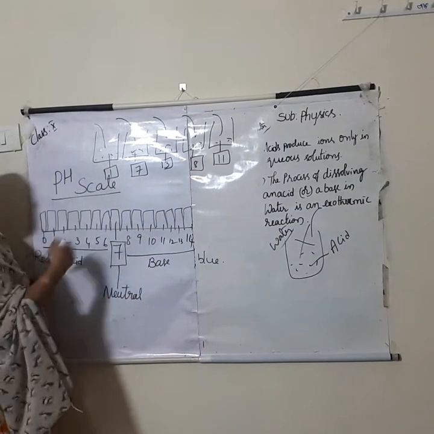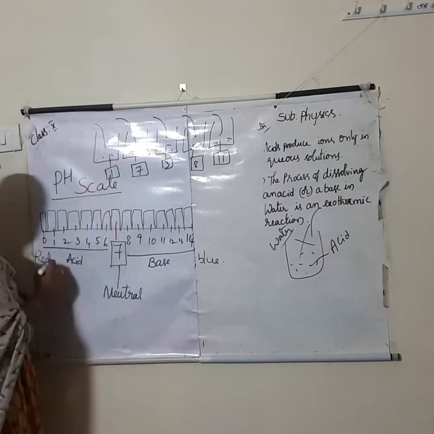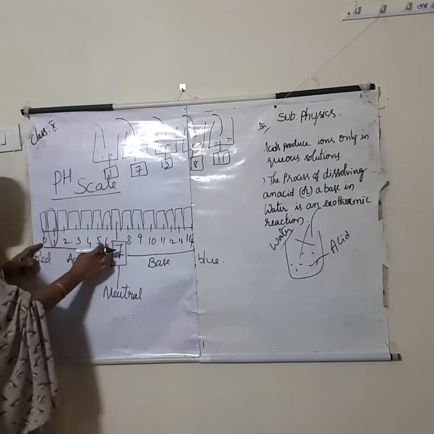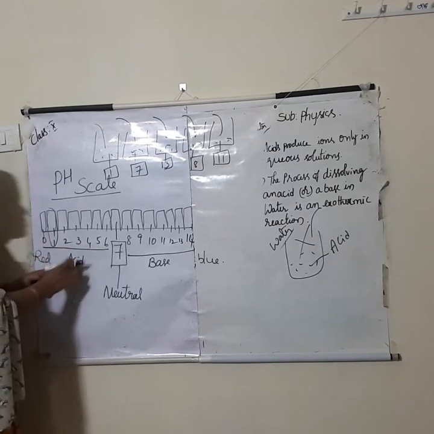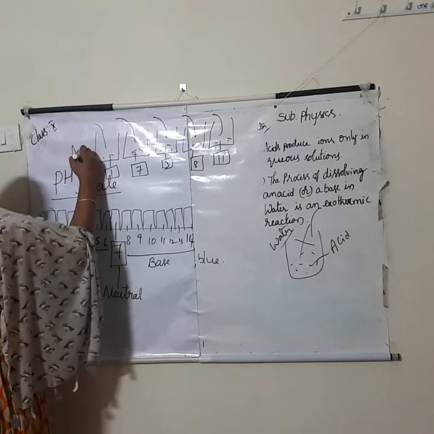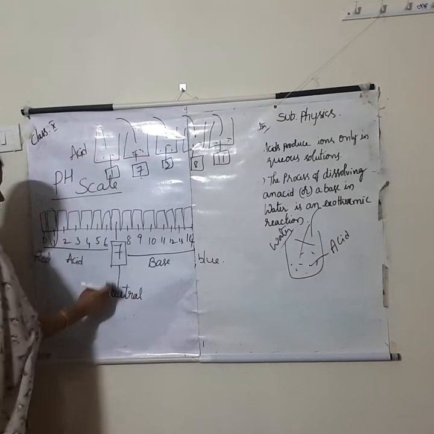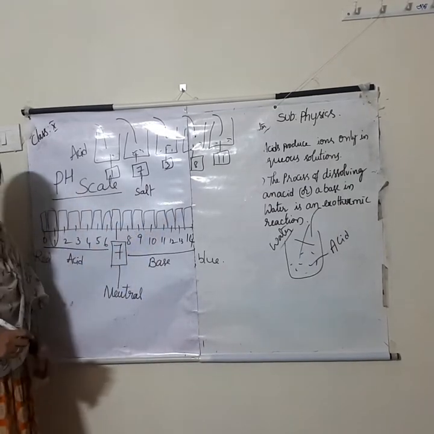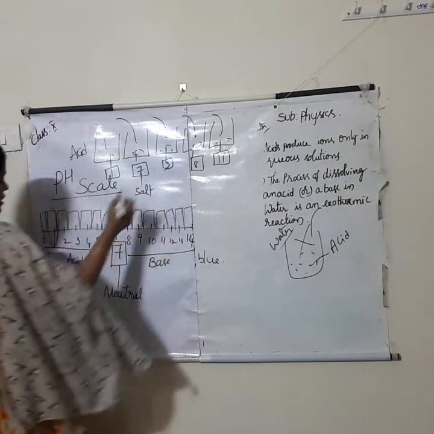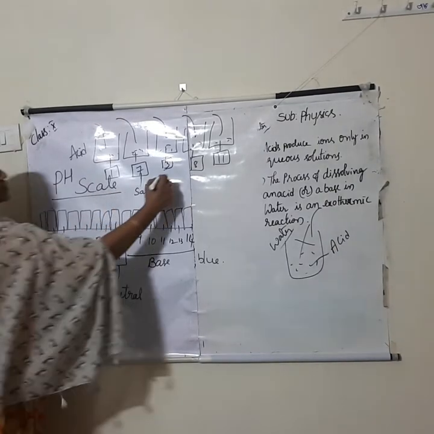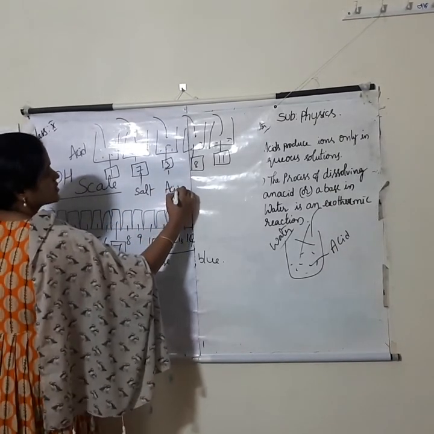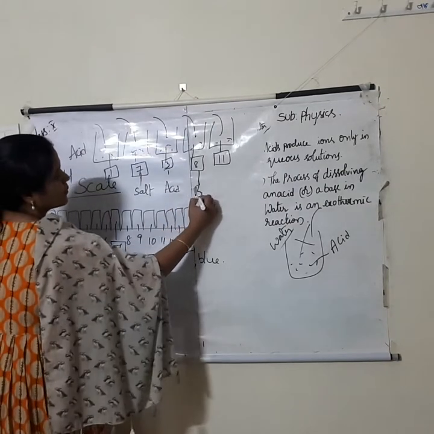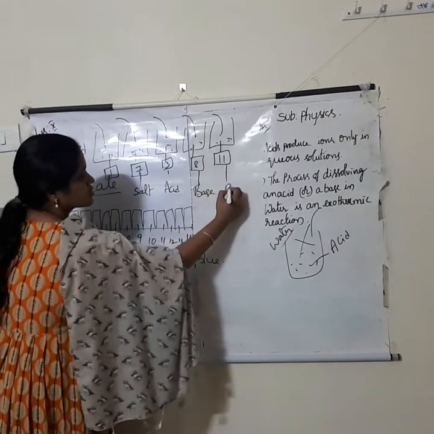From this, 1 means the given solution is acidic, because 0 to 6 comes under acid, so it is an acid. 7 comes under neutral, means it is a salt. 3, 0 to 6 acid, so this is also an acid. 8, from 8 to 14 comes under bases. 11 is also a base.